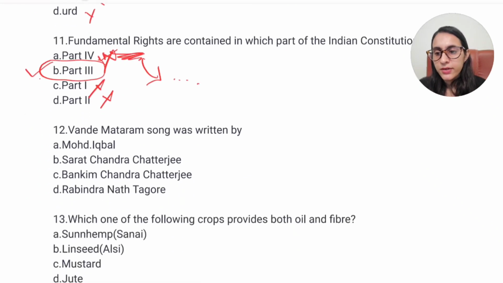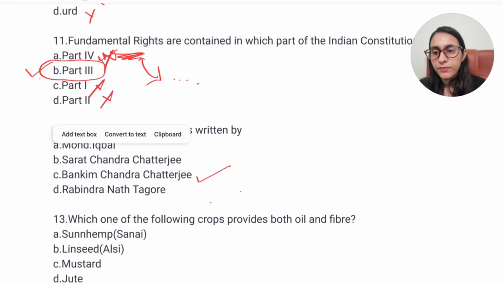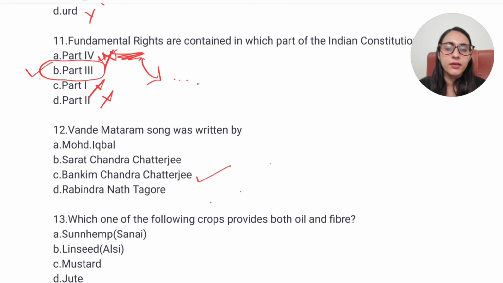Vande Mataram song was written by Bankim Chandra Chatterjee. It is a patriotic song. Vande Mataram, you must have heard this song, and that plays a significant role in the Indian independence movement. Muhammad Iqbal is known for writing "Lab pe aati hai dua ban ke tamanna meri." This song is written by Muhammad Iqbal.